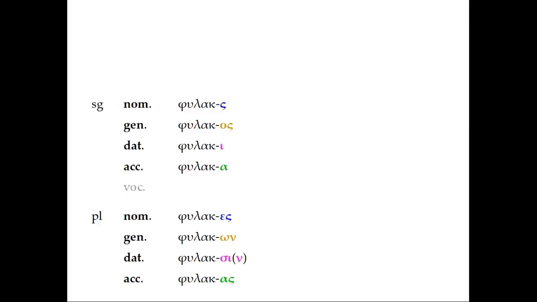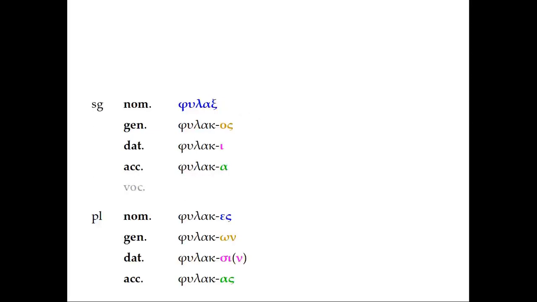We've seen similar things, especially in the plural here, but the singular endings are going to be new to the third declension. Moreover, we have some changes. So phulax there, you can probably hear it in the singular nominative, we're going to see a sound change here. Kappa plus sigma equals xi, of course.